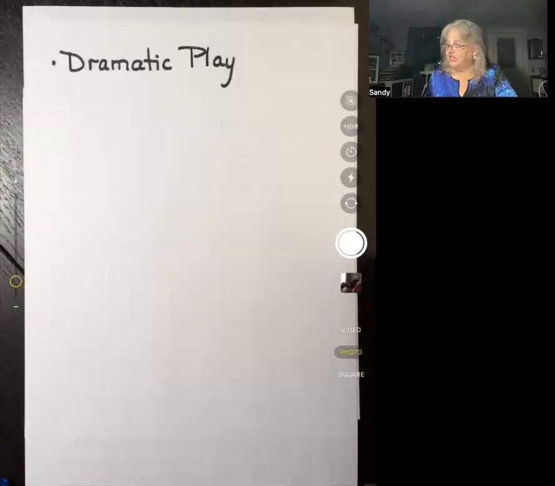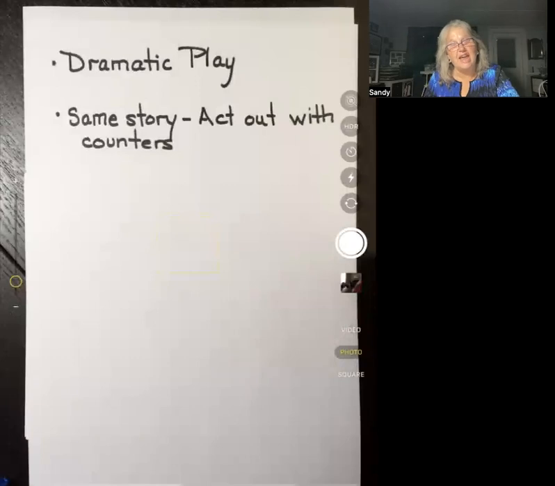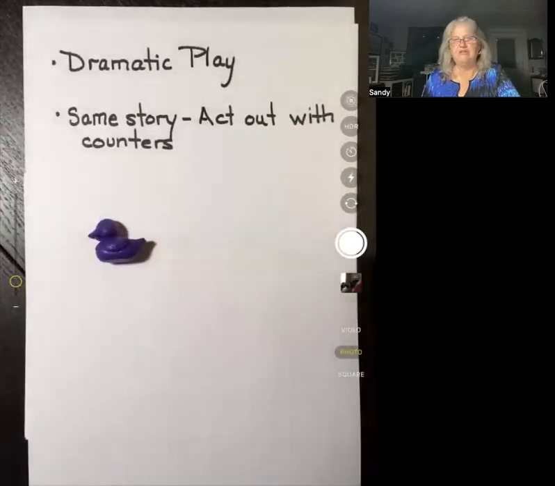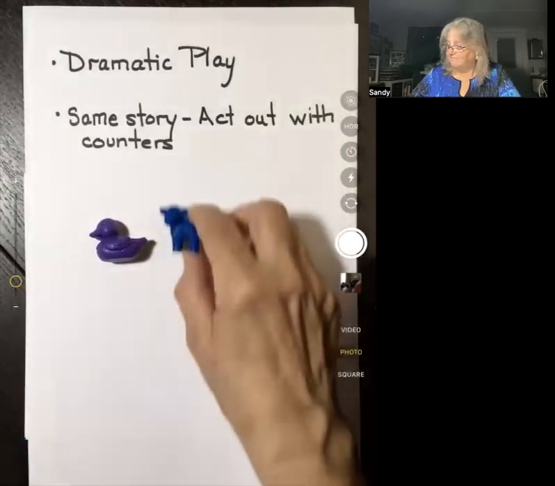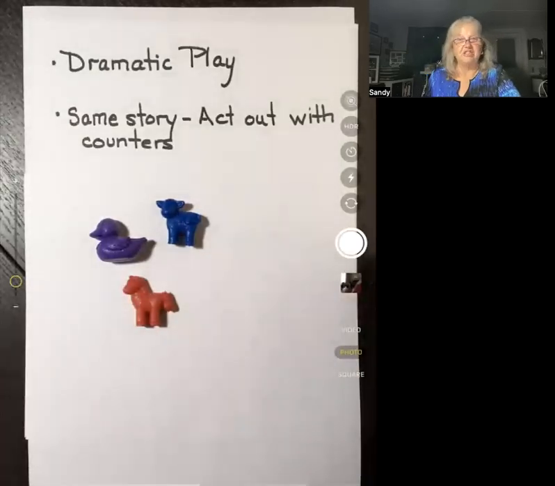Now, what we do then is we give them a chance to act out the same story. We aren't going to change stories, but act the same story out using counters. Now, if you notice, I actually have a duck counter as part of my animal counters. So I just don't have enough duck counters for every child to use a duck counter.